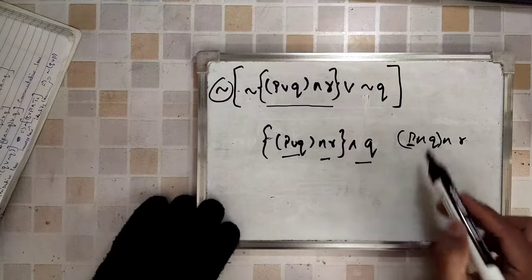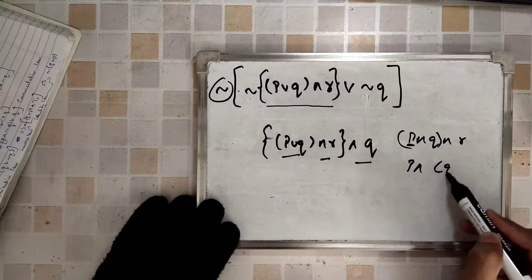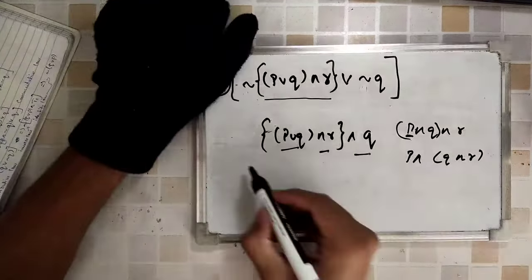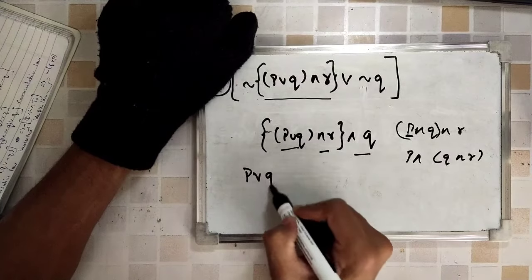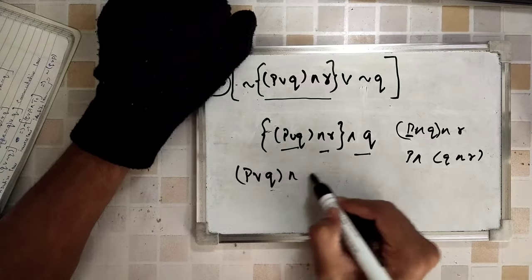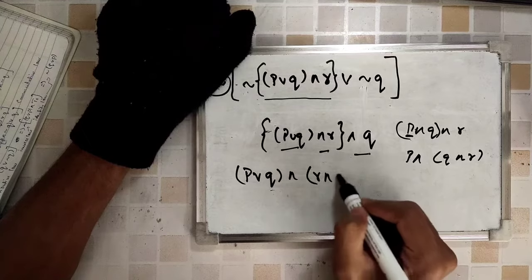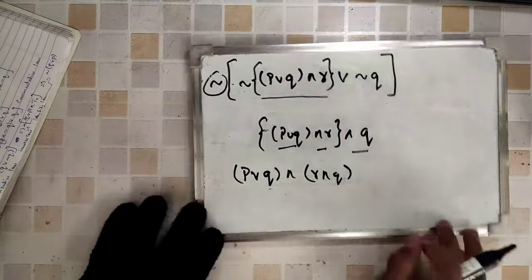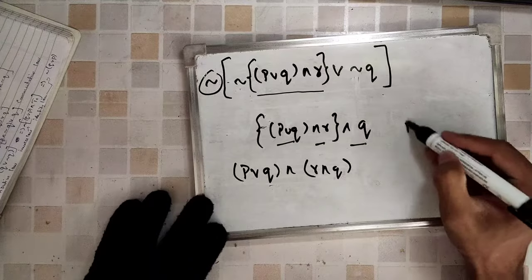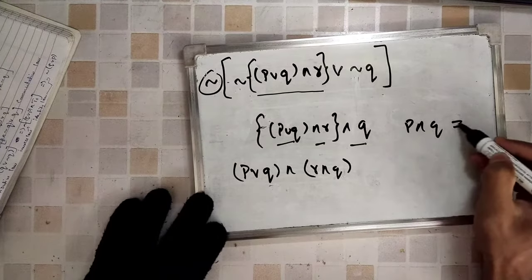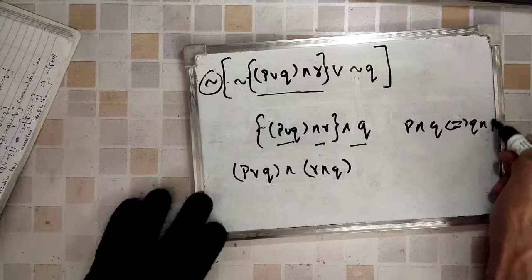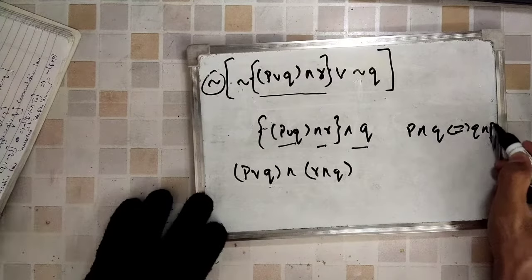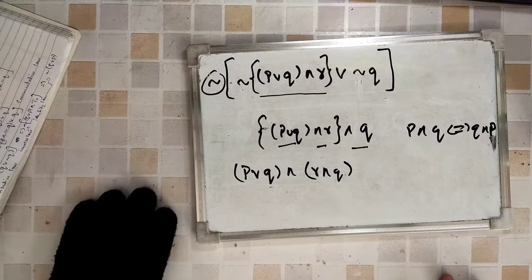So I write it as (P or Q) and R and Q. Now I can rearrange this. P and Q is logically equivalent to Q and P, am I right? This was one of the laws, I think identity or something.